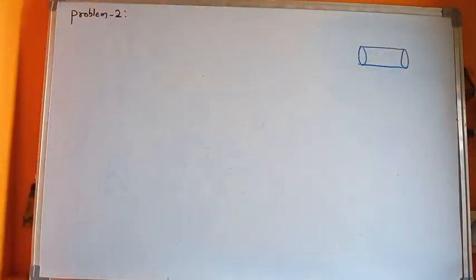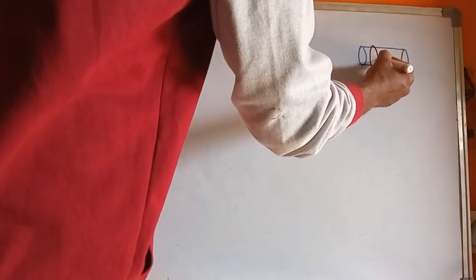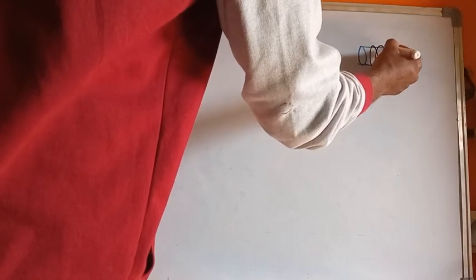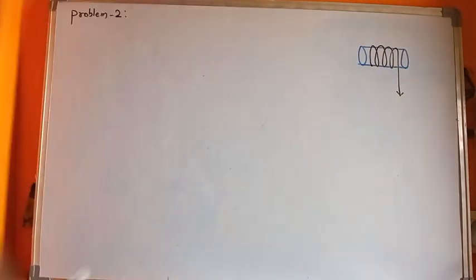Then one rope is wound like this. What is the angular acceleration of the cylinder if the rope is pulled with a force of 30 newtons?